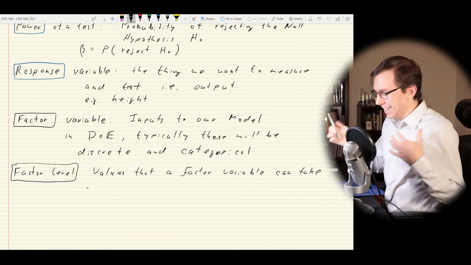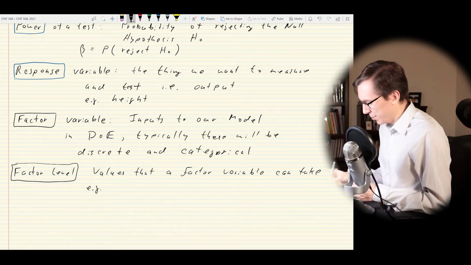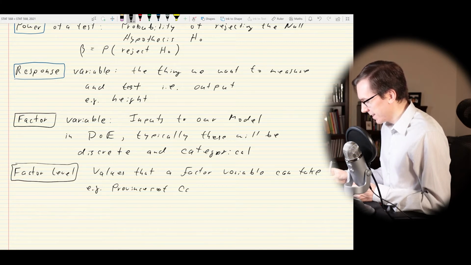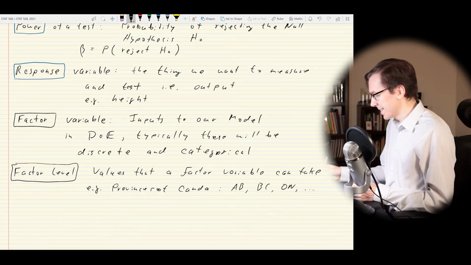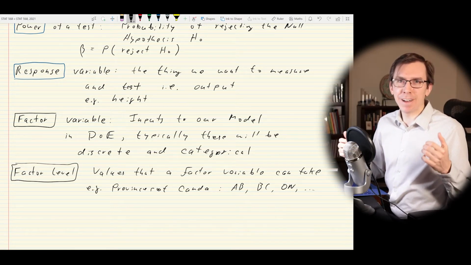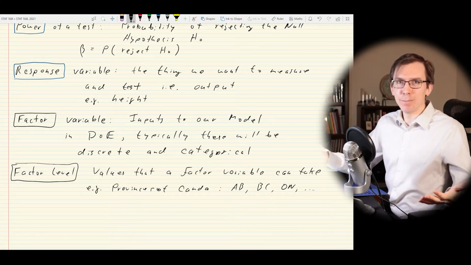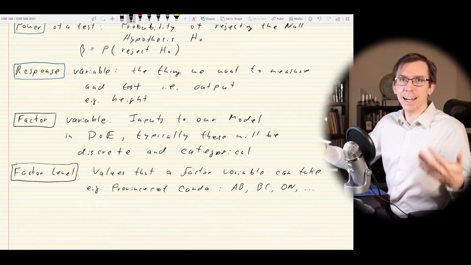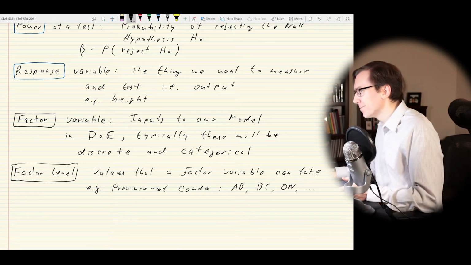So in this case, the example would be the provinces of Canada, etc. So Alberta, BC, Ontario, and the rest, etc. So the idea here is that these would be the input values to our model. The output, the response, would be the height of the citizens.